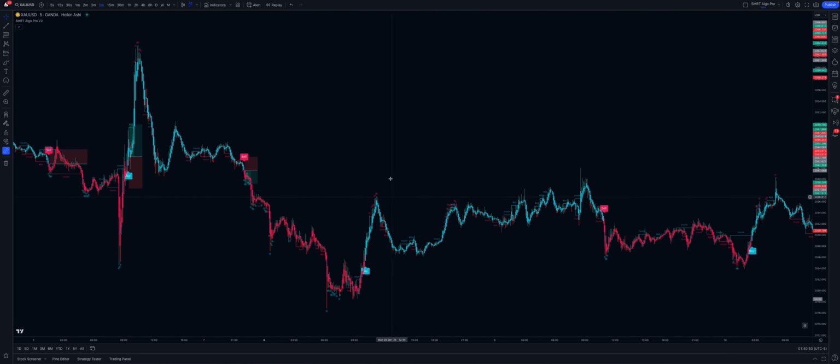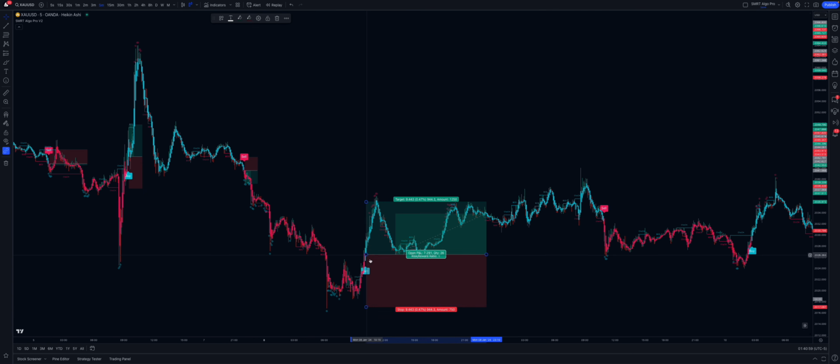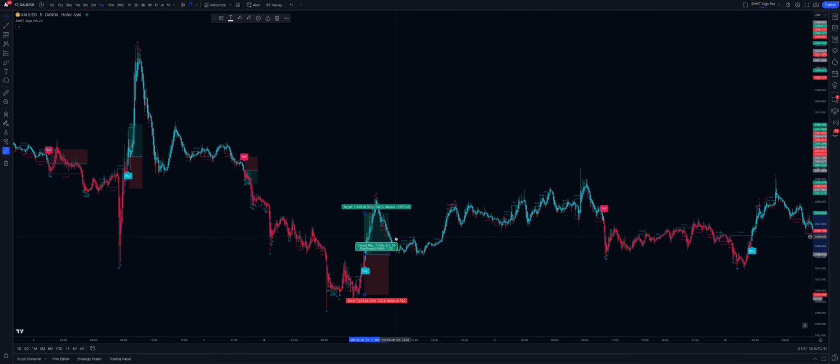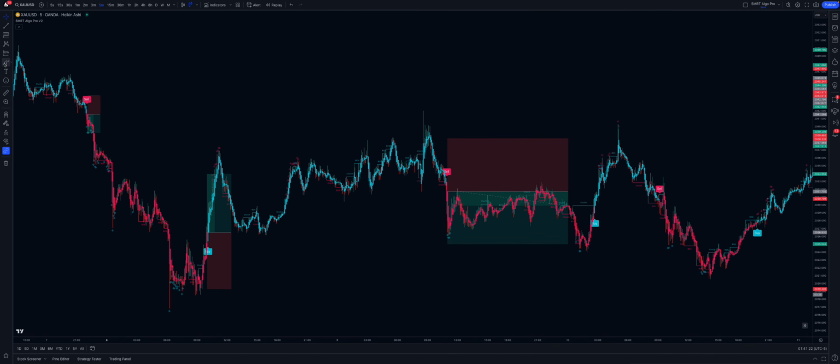And we have a few more examples here, so I'm going to enter the long position here and place the stop loss around the low here, and 1-to-1 risk reward ratio. So for the sell trade here, I would actually place the stop loss either here or at this high here.